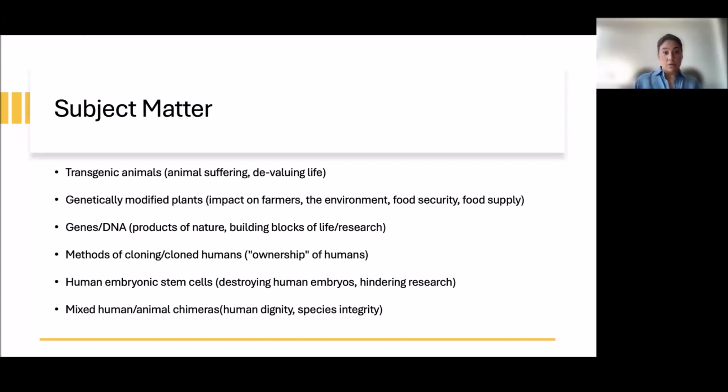It allows control of the food supply, or genes, DNA. There could be morality, ethical and other public considerations. So that's why subject matter could be quite challenging for synthetic biology applications.